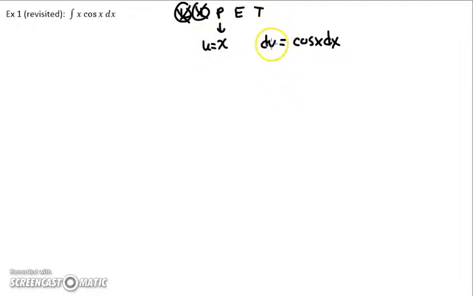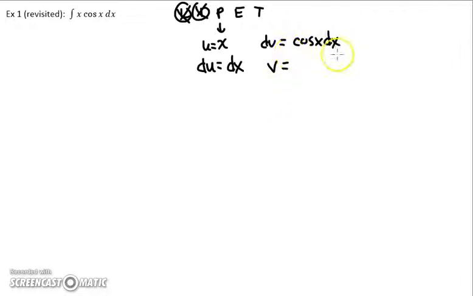We have u and dv. If we look back at our rule, we also need a du. We take that the same way we did previously: u's derivative is du, and x's derivative is dx. But we also need a v. If we start with dv, that's the derivative of v. I want just plain old v, so we have to take the antiderivative.